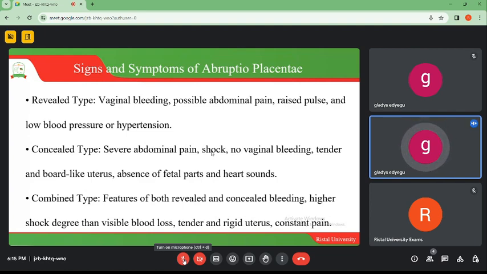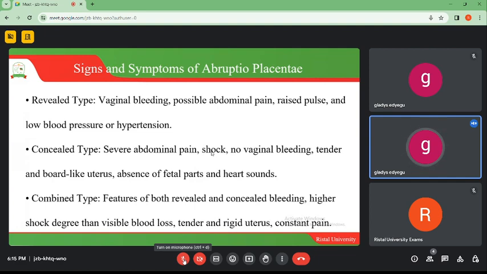Hypotension is when the blood pressure is low. So that is in the revealed type of vaginal bleeding. So when you see the blood out, that is the revealed type. So you can only say that this is abruptio placentae, the revealed type, when you see the blood.